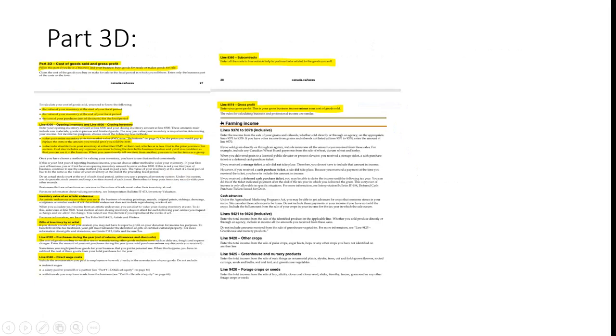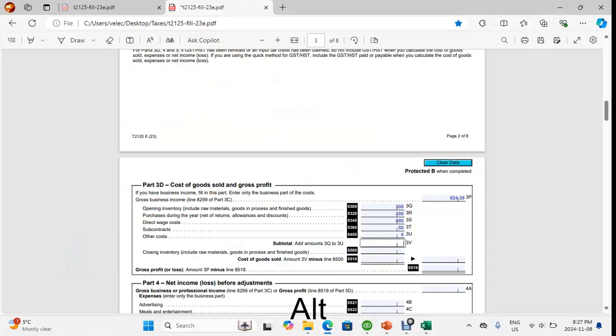Subcontracts: when you sign up for a third-party service such as Upwork, Freelancer, or any other subcontractor via Kijiji or Craigslist, for example, you will need to type in how much you paid to those guys. So again, $50 for subcontracts, and your overall will be $1,050.